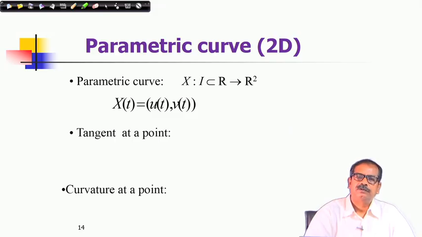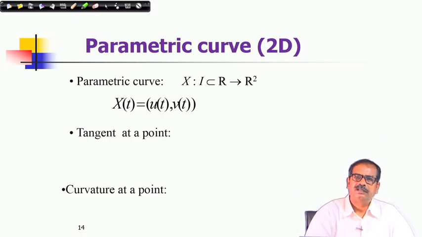For example, the parameter values may vary from 0 to 1, and for each parameter value you get a two-dimensional coordinate, which is denoted here as x(t) as the point, with its x coordinate u(t) as a function of that parameter, and v(t), the y coordinate, which is also a function of this parameter.